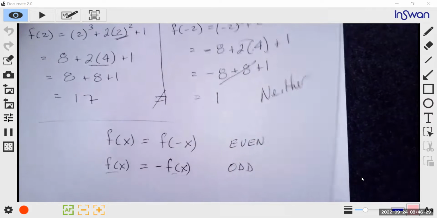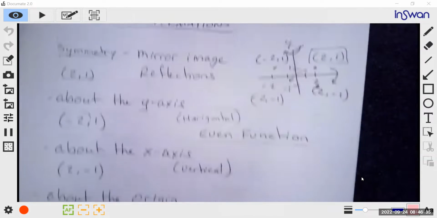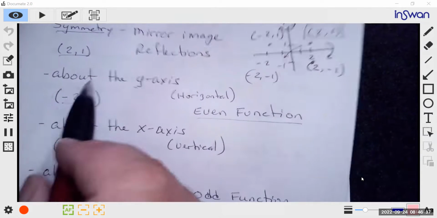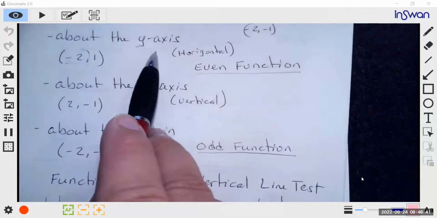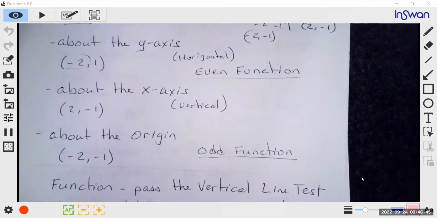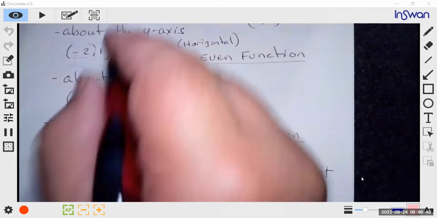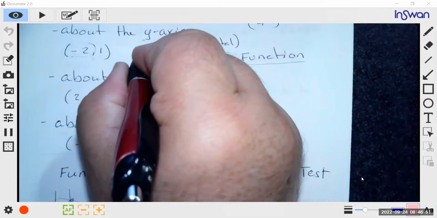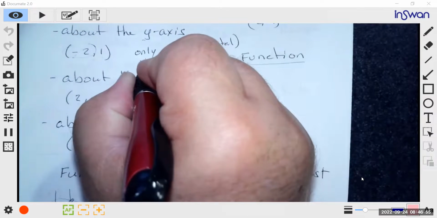Now, with what I started off talking about here for symmetry, you have a point. If it's across the x-axis, what changes? Only x's change.